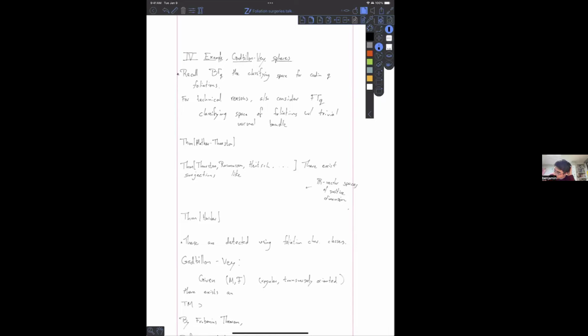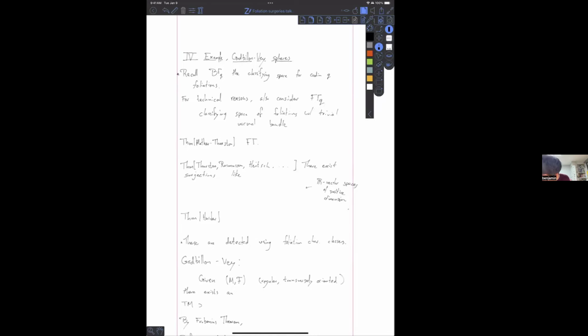Okay, so it'll be better to work with this one mostly. And so it turns out this is an incredible space. Its topology is, we'll see.